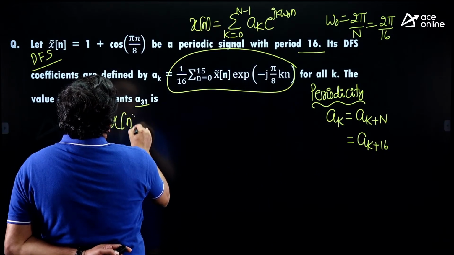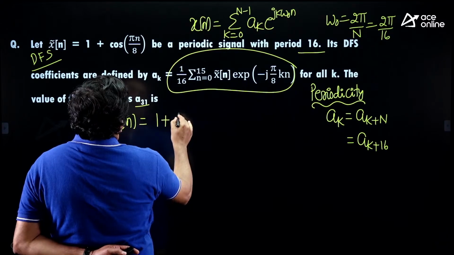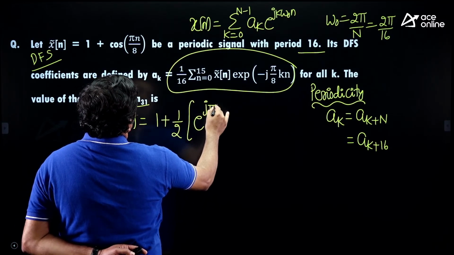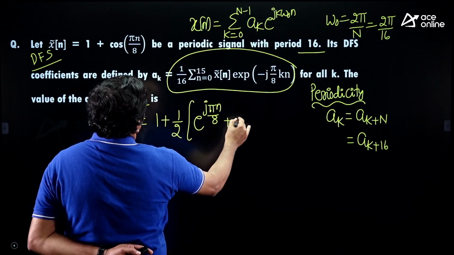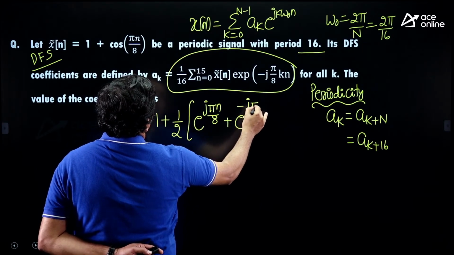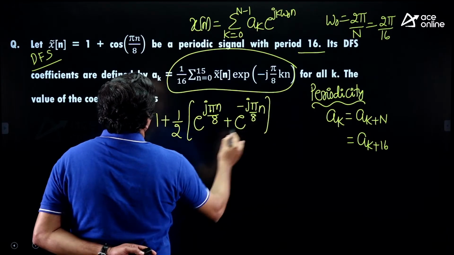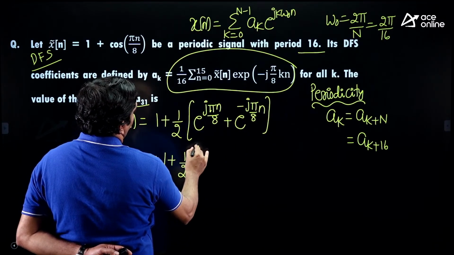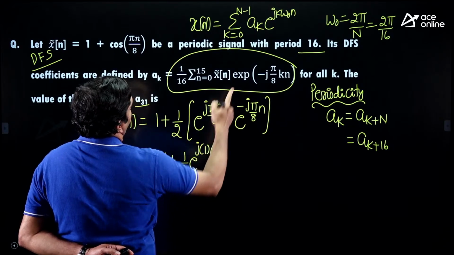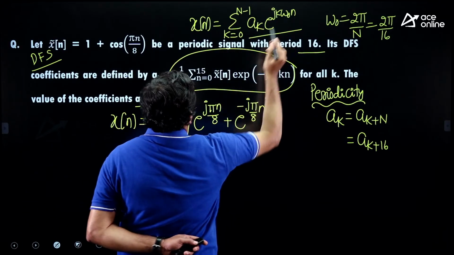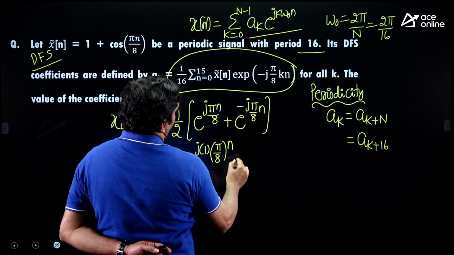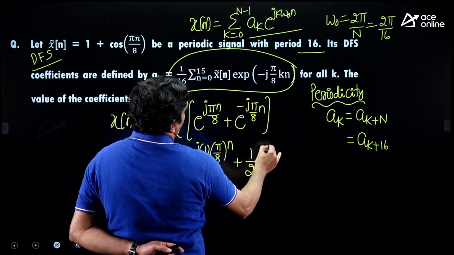So I can write 1 plus cos pi n by 8 expansion as 1 plus 1 by 2 e power j pi n by 8 plus e power minus j pi n by 8. Just for clarity I am adjusting it to the original form, a_k e power jk omega naught n.